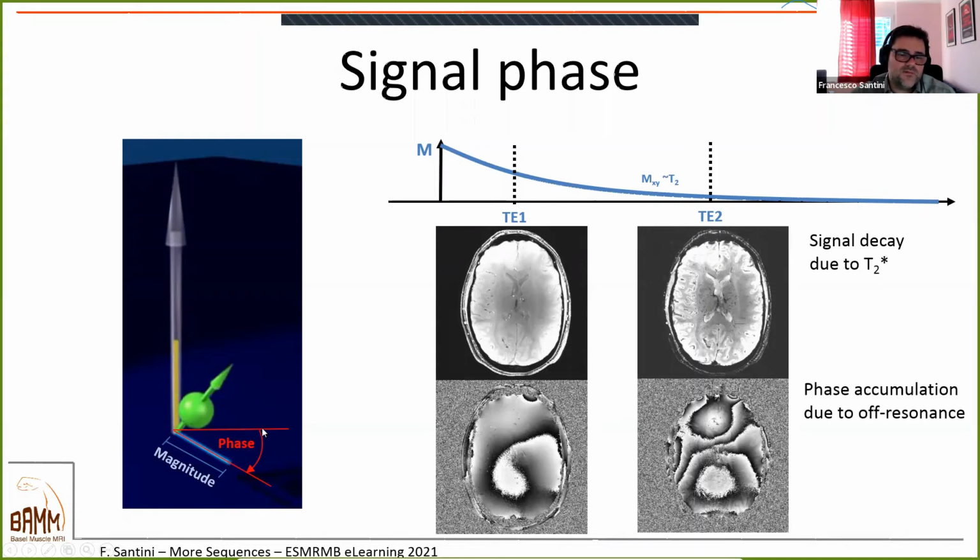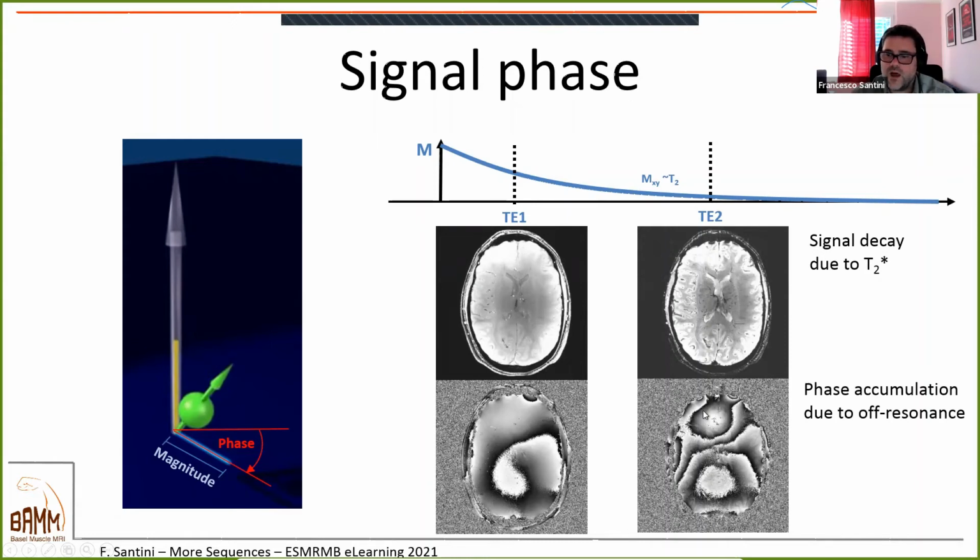If you have a B0 inhomogeneity, the spins will travel faster, because they will have a higher Larmor frequency because of the inhomogeneity, and so they will accumulate some phase. And so the longer you wait, the more phase you accumulate.